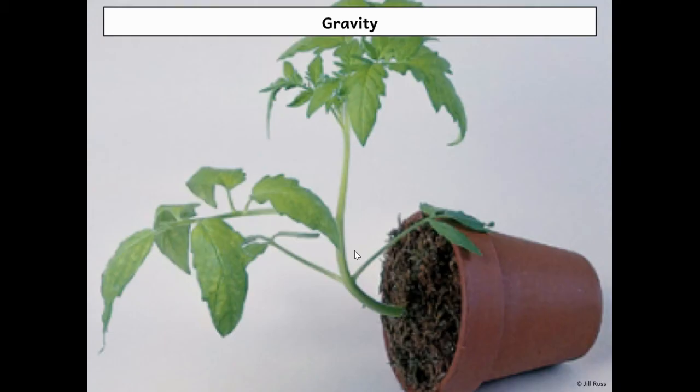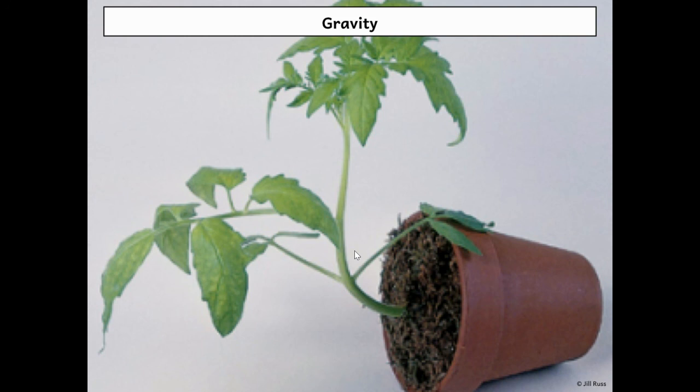Okay, so why do plants respond to gravity? Why is that important? Well, remember, a plant's leaves need to grow up into the air because they need to absorb sunlight. The roots of the plant need to go down into the soil because they need to absorb the water and nutrients that are in the soil. If the leaves grew in the soil, they wouldn't absorb sunlight, and therefore the plant would not make food.